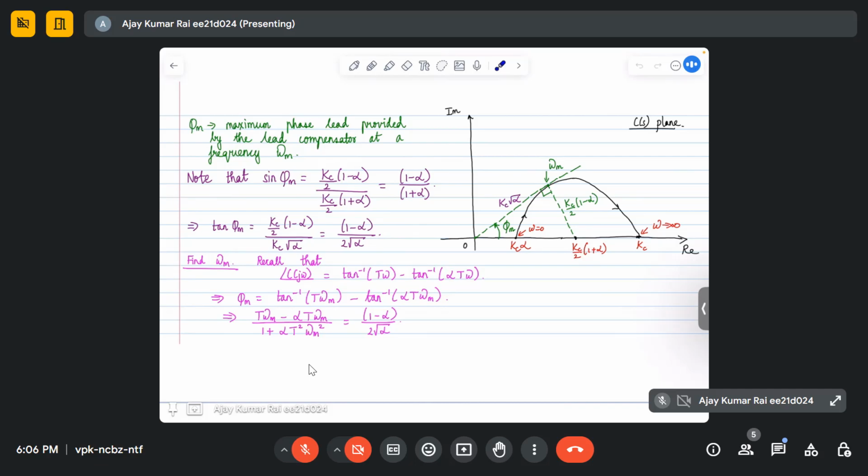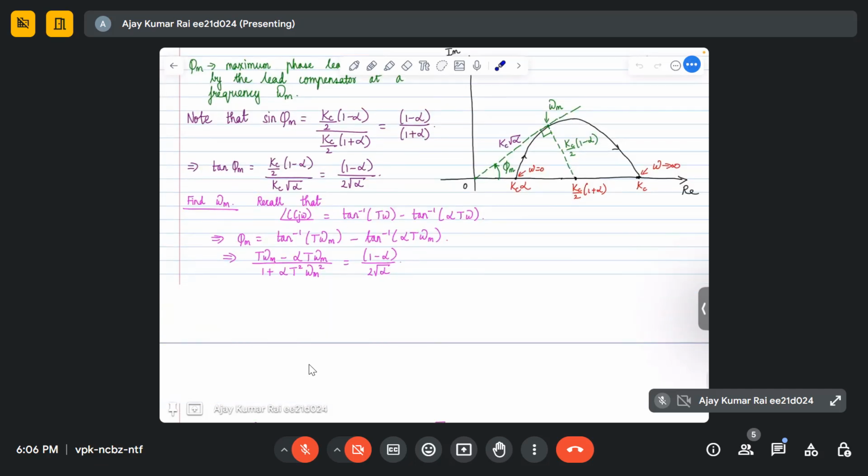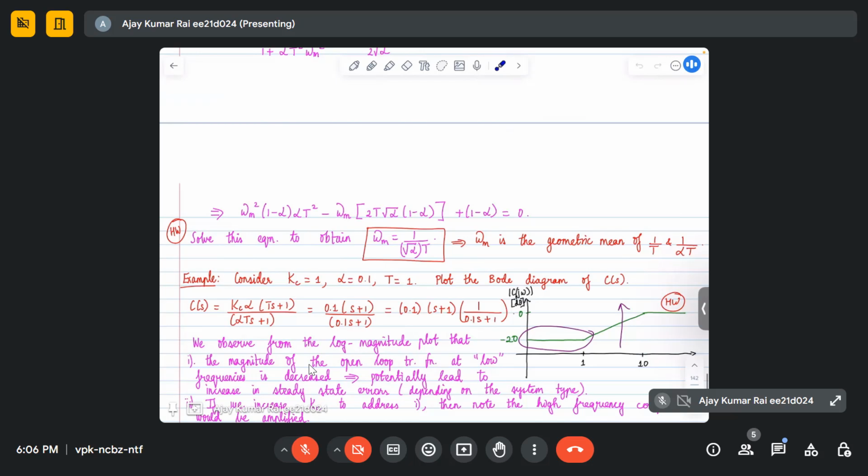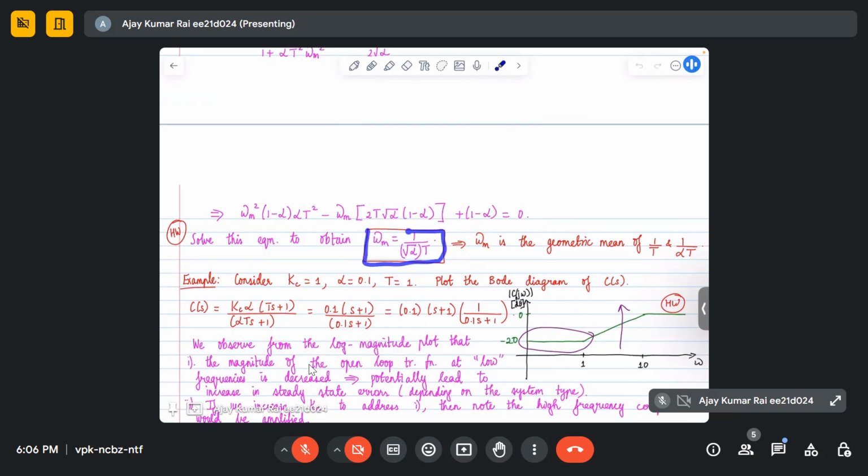Then we can find where that maximum phase lies. And the frequency omega m is also the geometric mean of 1 by T and 1 by alpha T. You don't have to remember the formula, you just know this is the geometric mean, so it is like the square root of 1 by T into 1 by alpha T. If you remember this, then you know the value of omega m.